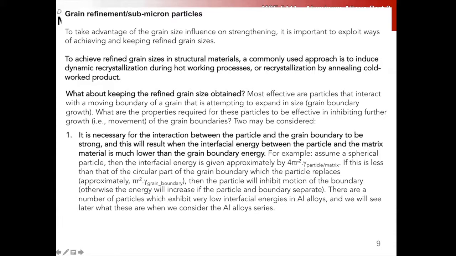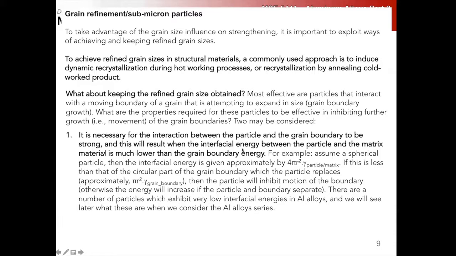So what we want is a dispersion of particles that interact with a moving boundary and exert a force. If we want this to happen, what do we need? We need a strong interaction between the particle and the grain boundary. So when is this going to occur?